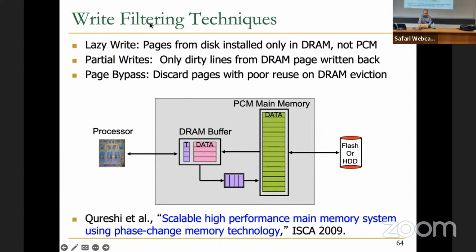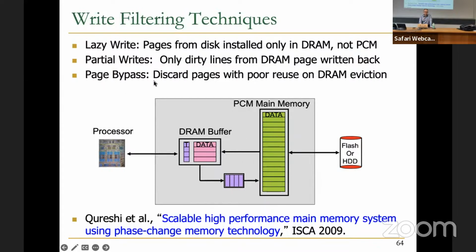Like for write filtering techniques, you can have this approach of lazy writes. When you bring data from flash or hard disk drive, you don't write them immediately to PCM. You first write them to this DRAM buffer as a lazy write. And then after all, if you realize that they are needed, or they are dirty because you captured some writes in that DRAM buffer, you need to write them back to PCM.